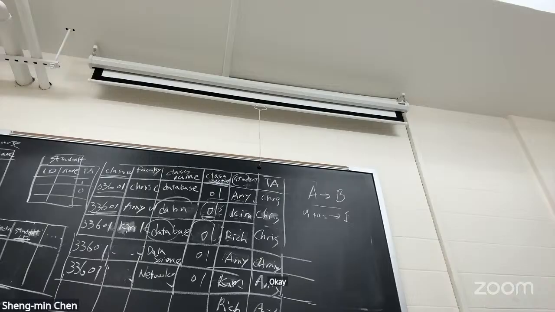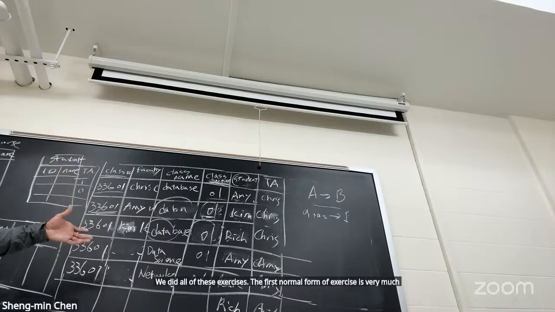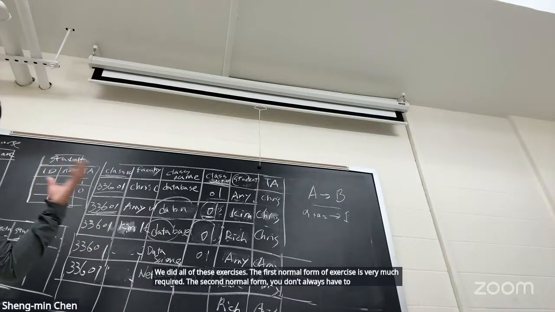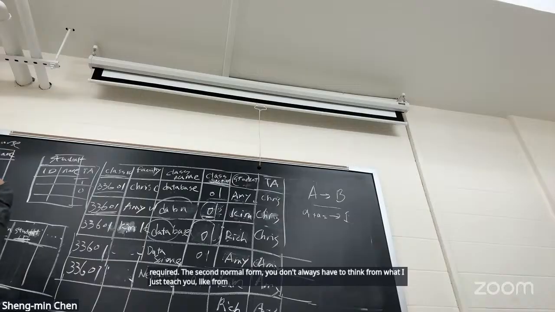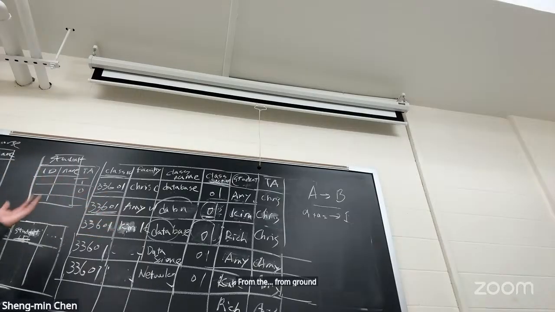Okay, so now the key story that we're learning from here is that we did all these exercises. The first normal form exercise is very much required. For the second normal form, you don't always have to think from ground zero like what I just taught you and then start splitting it all.